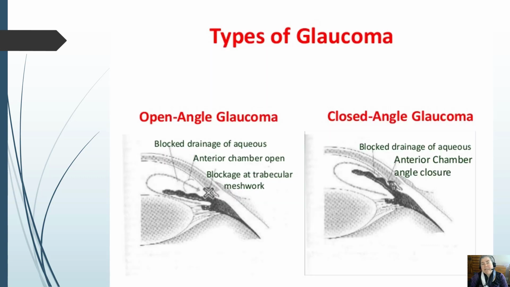And what happens in a specific kind of glaucoma called narrow angle glaucoma or closed angle glaucoma is that when the pupil dilates, it blocks the ability of the aqueous humor that is formed in the ciliary body to pass through the trabecular network into the canal of Schlemm, building up pressure.